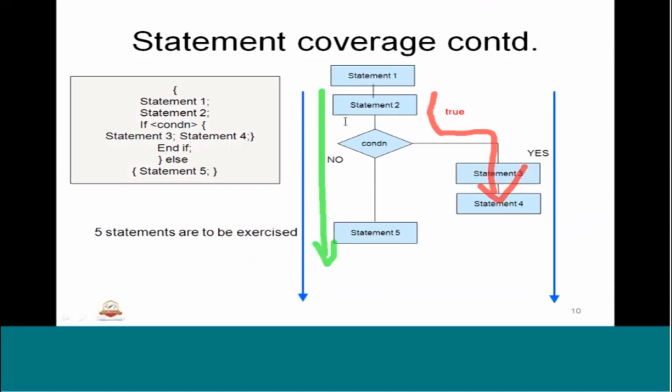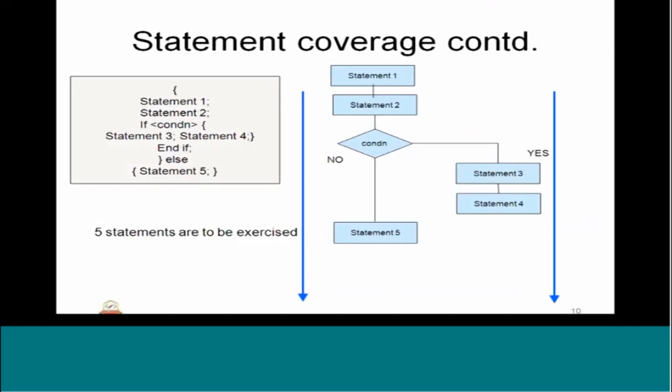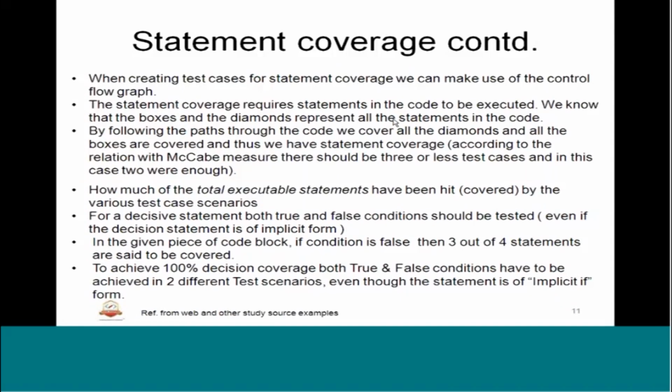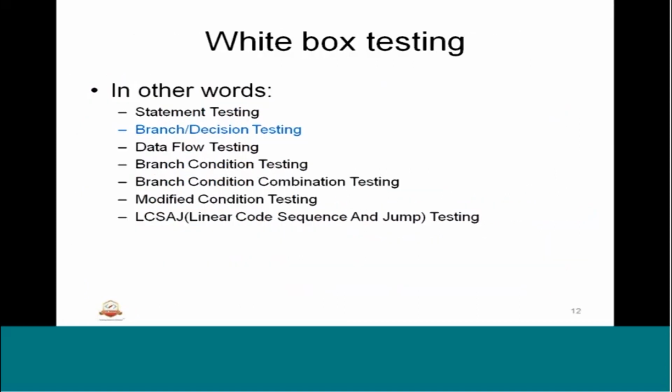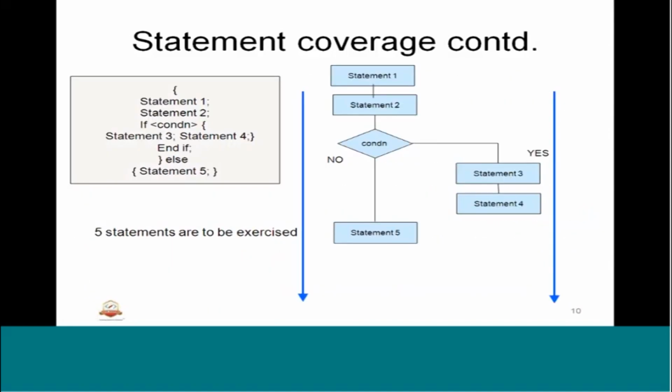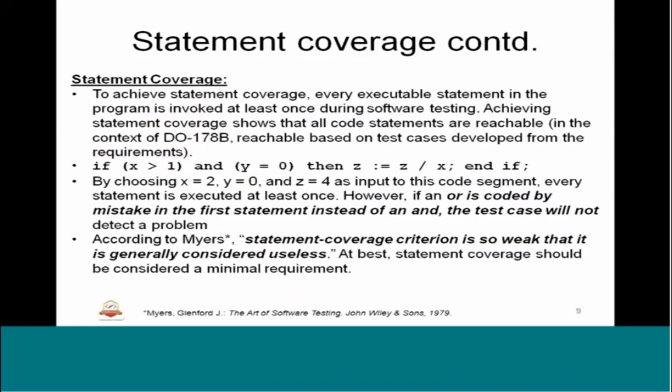It is false or no, whatever you want to call. So that is how the statement coverage in terms of total number of executable statements reached will be done. Okay, so that is what it is about statement coverage. All the executable statements have to be reached.